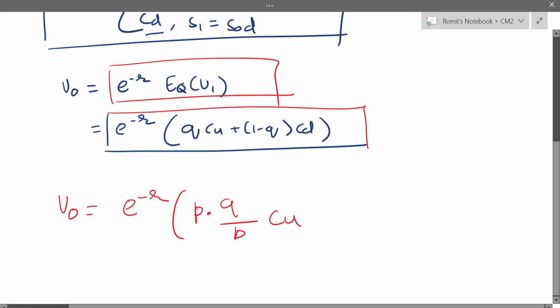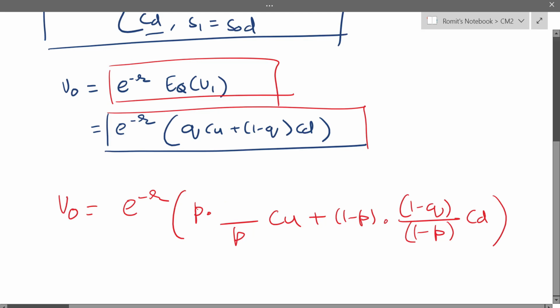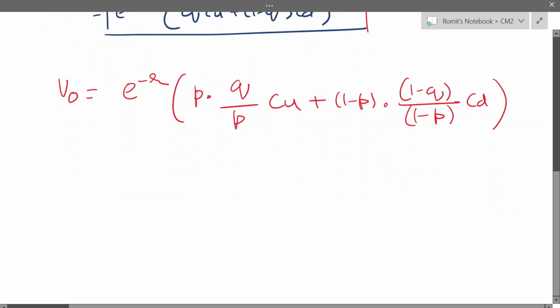So what I did is I multiplied and divided by P, and then plus I'll multiply and divide by 1 minus P in the second term. So 1 minus P times 1 minus Q by 1 minus P multiplied with Cd. So this is what we are looking at. I multiplied and divided by P on the first term, and I multiplied and divided by 1 minus P on the second term. So that's what I have done.